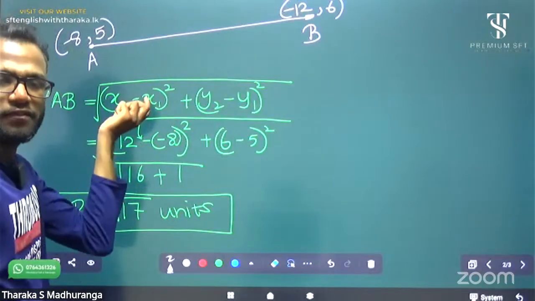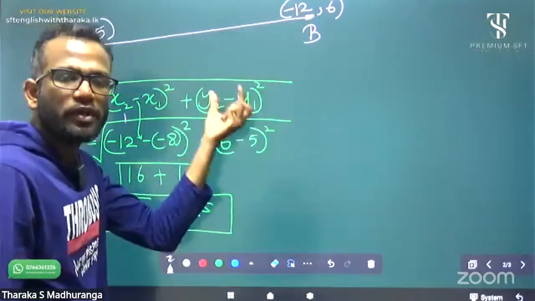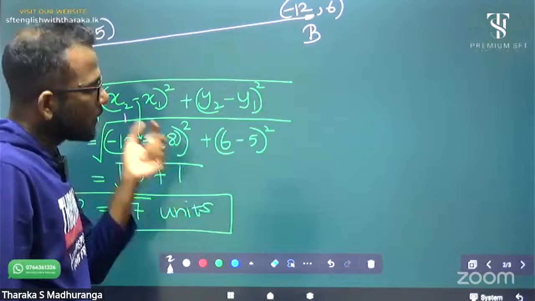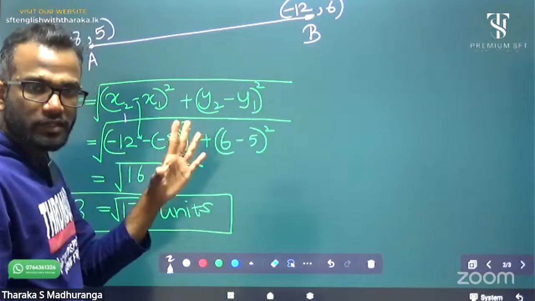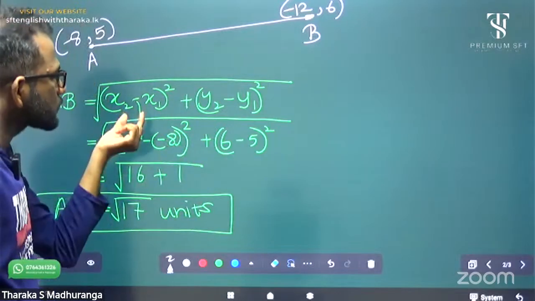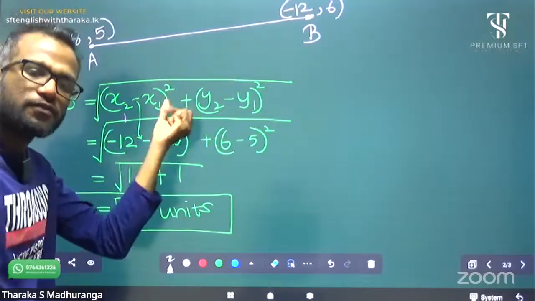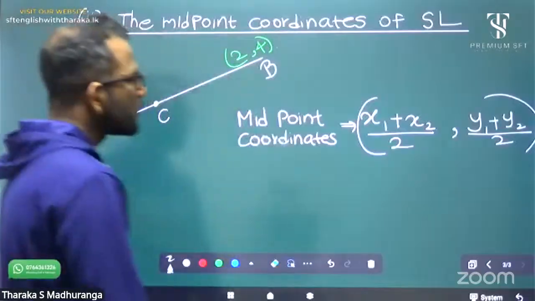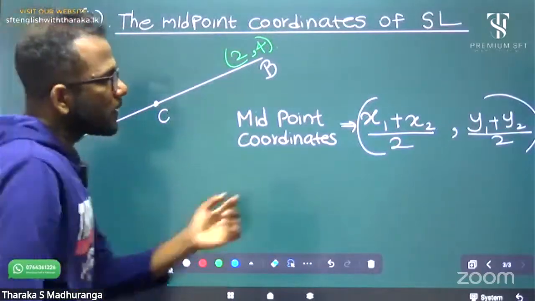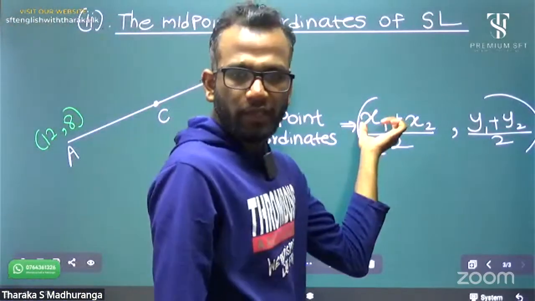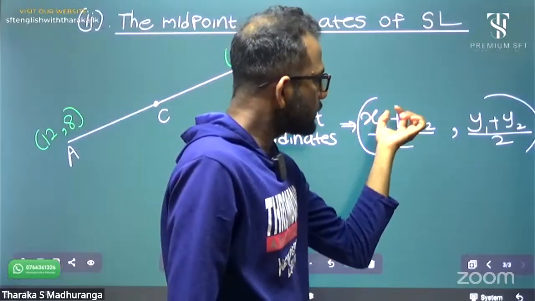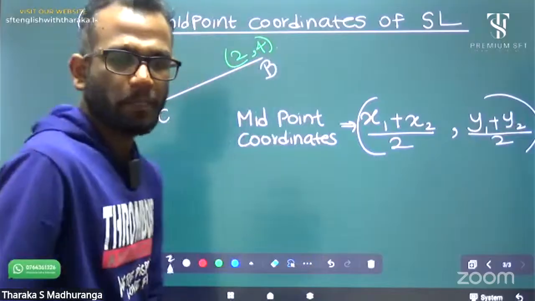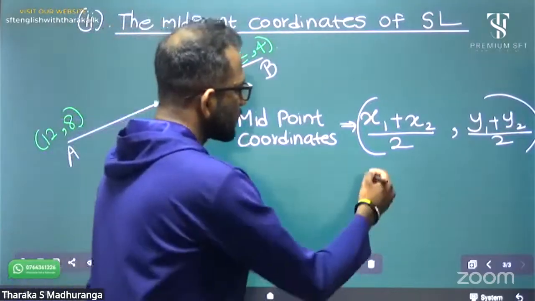X coordinate difference squared plus y coordinate difference squared, the square root. And this is the midpoint equation: add x coordinates and divide by 2, add y coordinates and divide by 2. That's the method. Very simple.